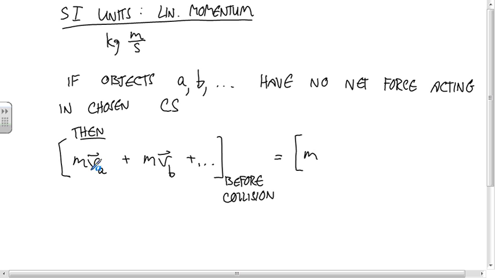So the mass of A times velocity of A, mass of B times velocity of B, have to be equal to MA VA plus MB VB, and so on, after the collision.